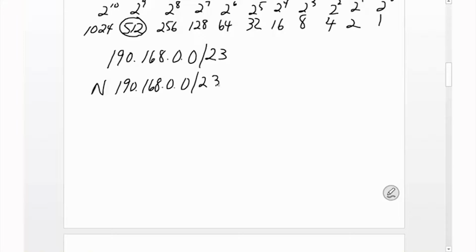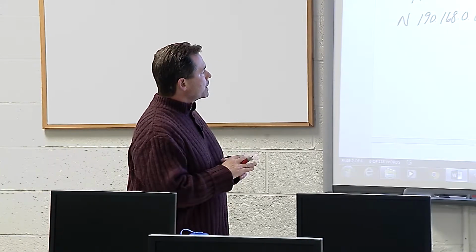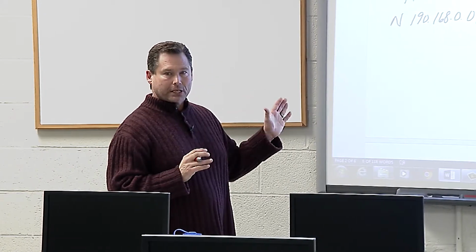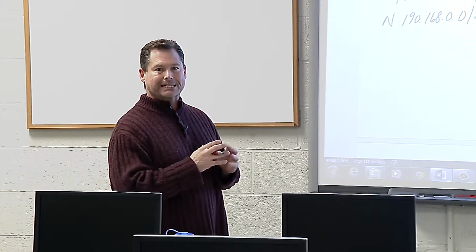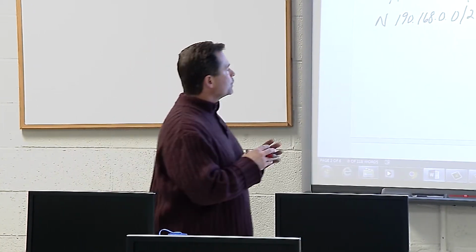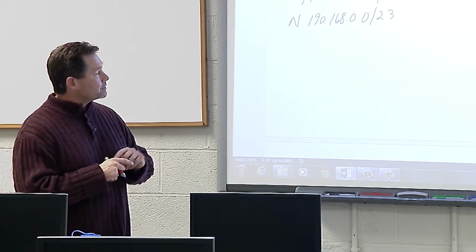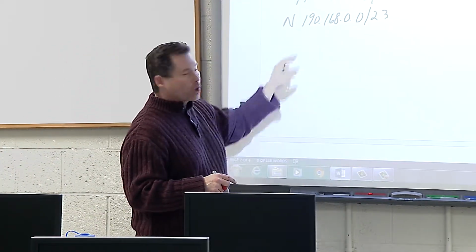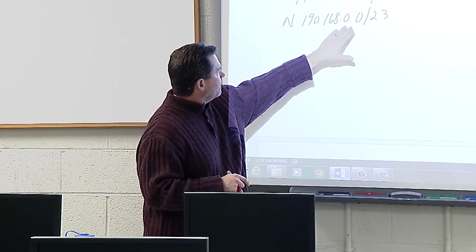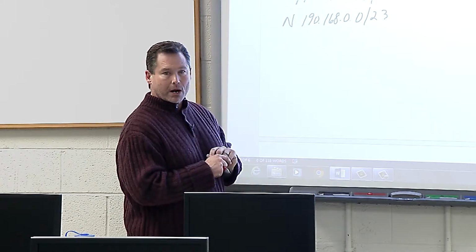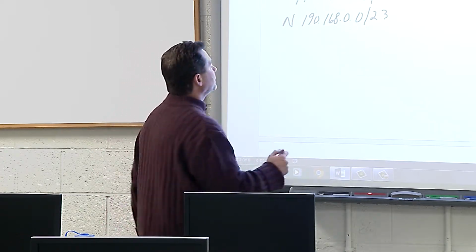Now I can only use a certain range of addresses. I have to leave off the first and the last address. The first address is my network ID, so that value represents my network identification.